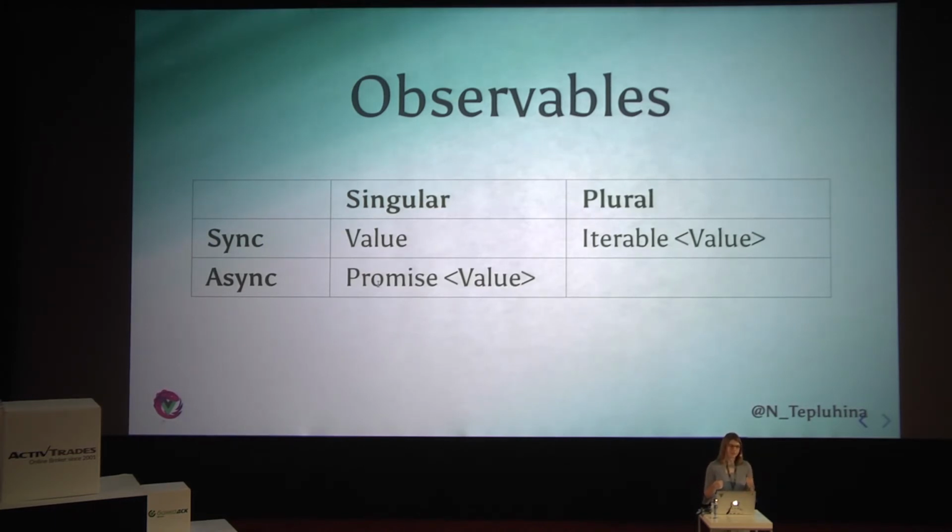Singular asynchronous primitive is a promise, and at some moment of time, promise will resolve to value or throw an error. But there is a missing one. It's a plural asynchronous primitive, and it's an observable. Right now, observable is a proposal to TC39 committee, and let's hope someday it will be included to ECMAScript standard.